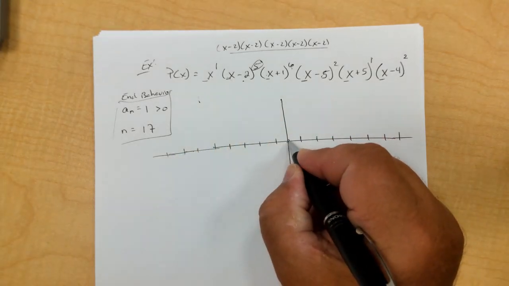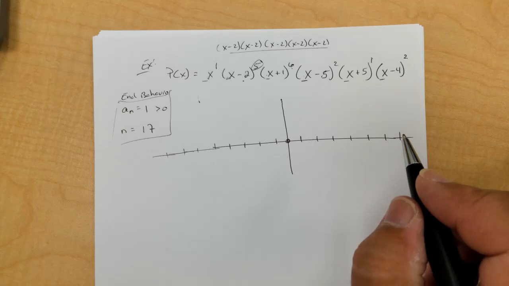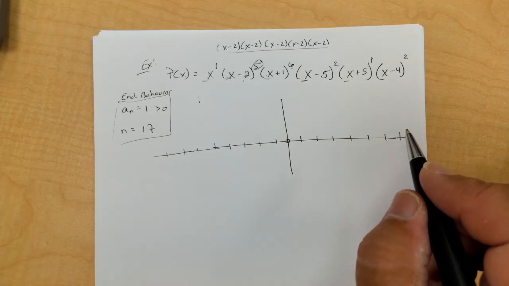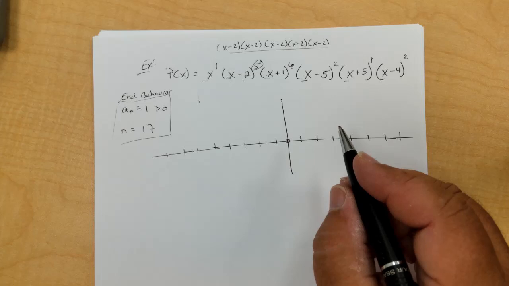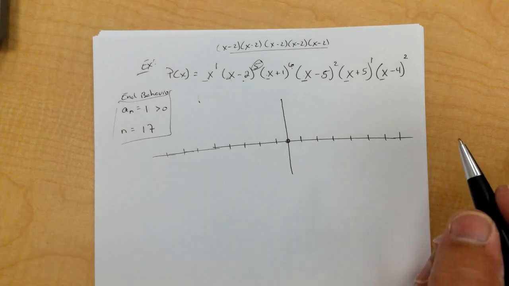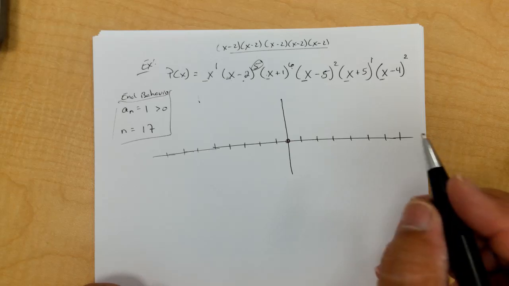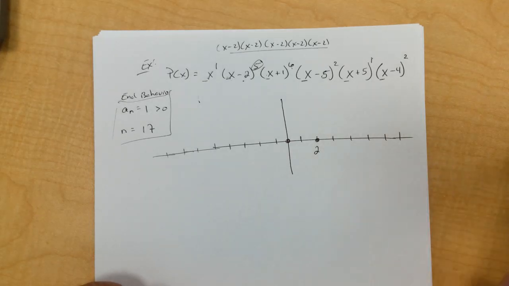Set each of these to 0. So we have 0 is one of them. What's the next one? I don't want 2 and 0. I just want the x-intercept, the number. X equals +2. +2. Next one?